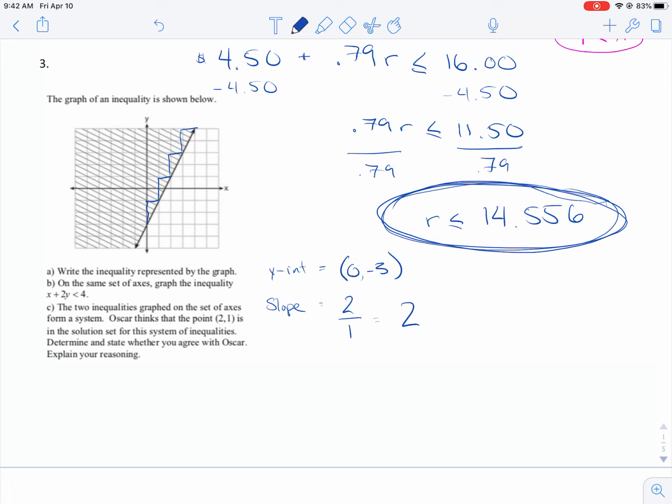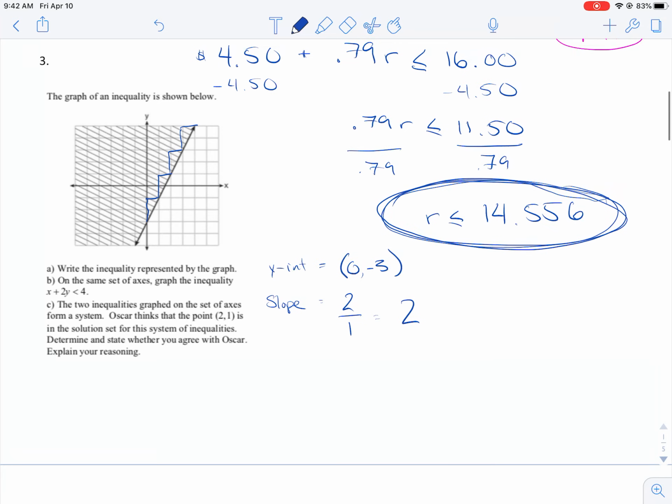So its slope is 2 over 1, or just 2. Don't forget, our slope is just rise over run.